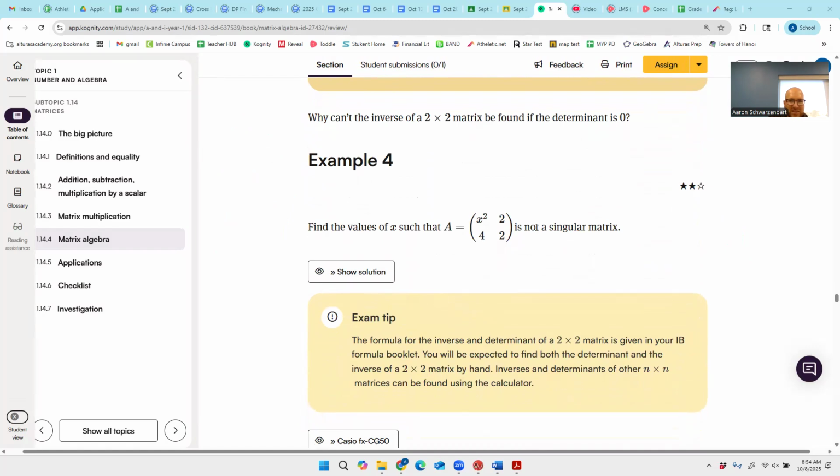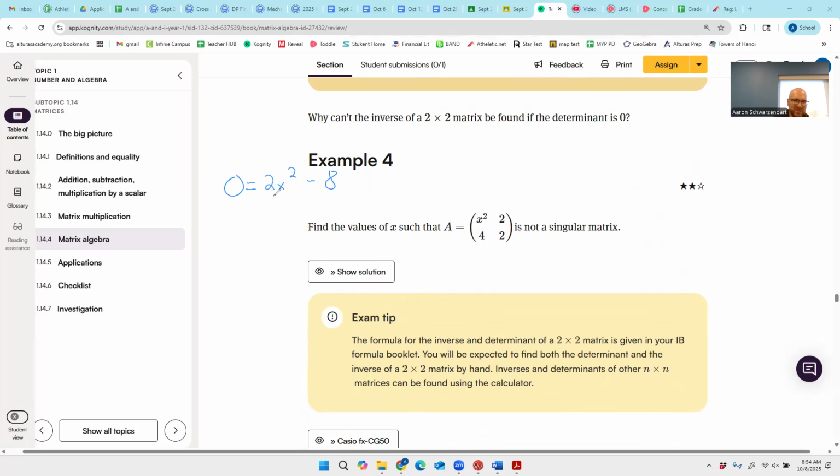Find values of x such that the matrix is not singular. So singular matrix means the determinant's 0, correct? So I'm going to do the determinant AD minus BC, and I'm going to solve for x.